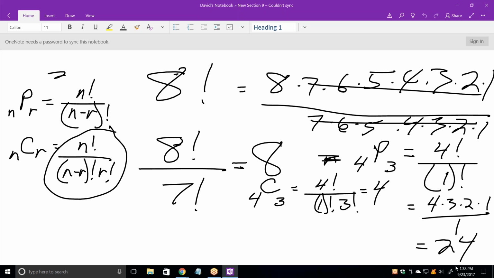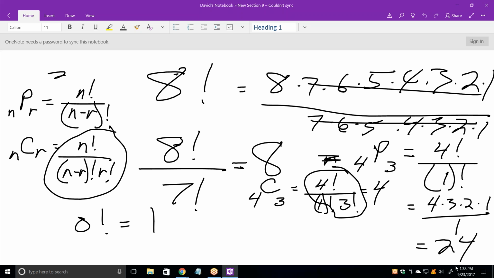Yes. In other words, whenever you're looking at something like that, start with the bottom. The bottom eliminates everything but the 4 in the top. Okay, what's this equal to? 1, by definition.